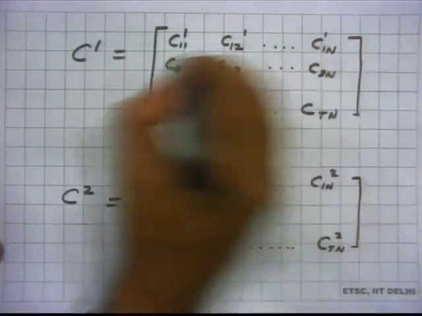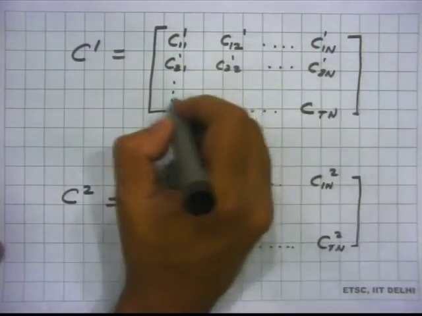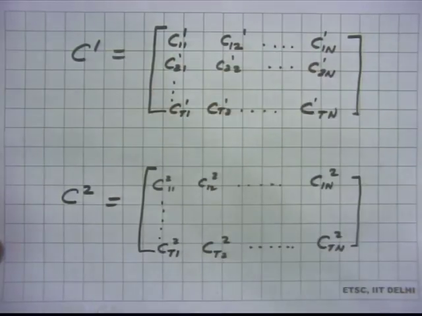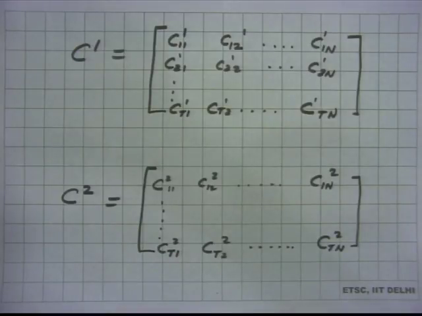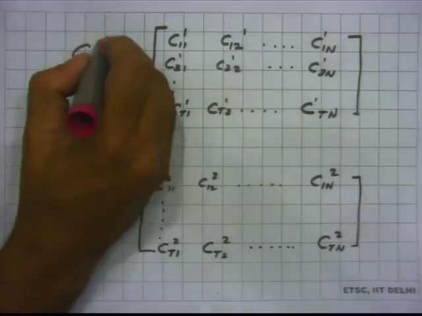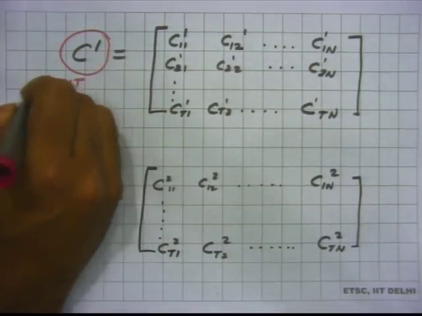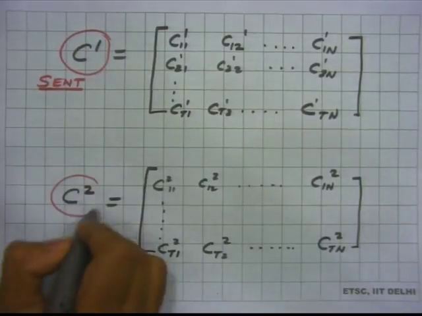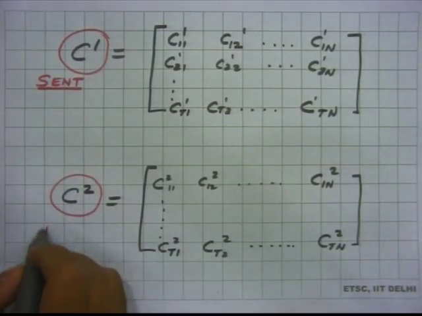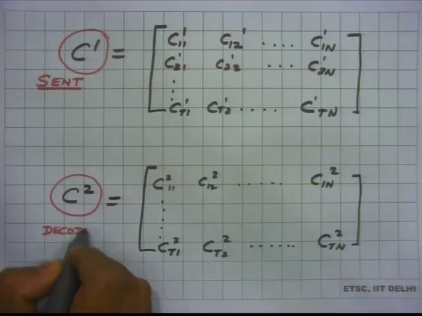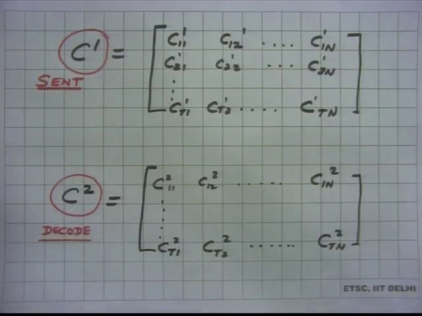So, I can put a superscript here and I can distinguish these two. So, this C1 was sent and this is what we decode wrongly. So, there is an error in the decoding.